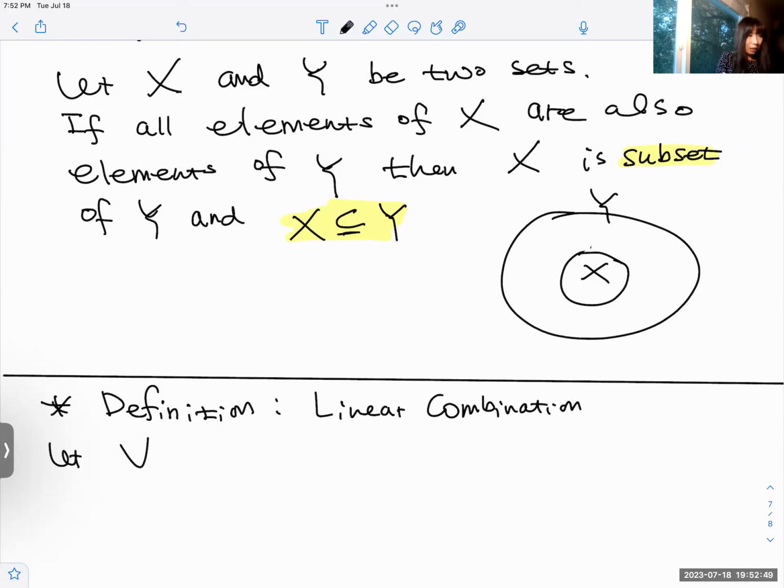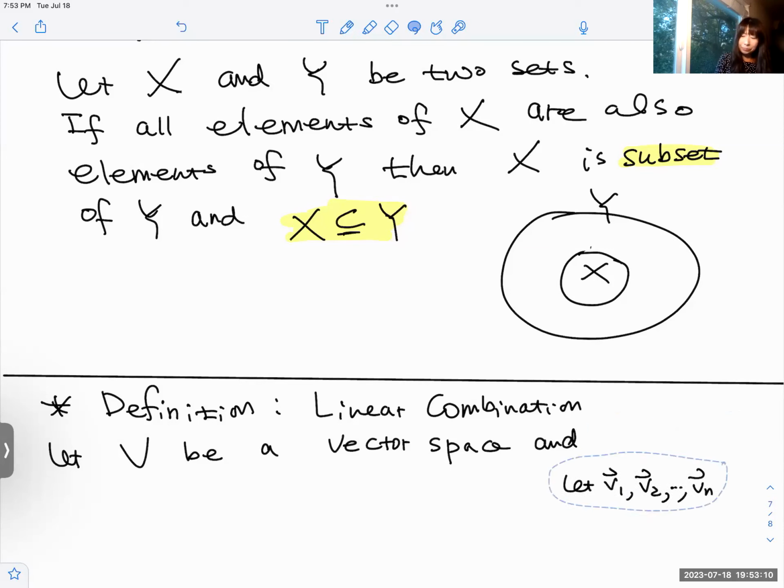Let V be a vector space, 10 axiom. And let V1, V2, Vn be a subset of the vector space.